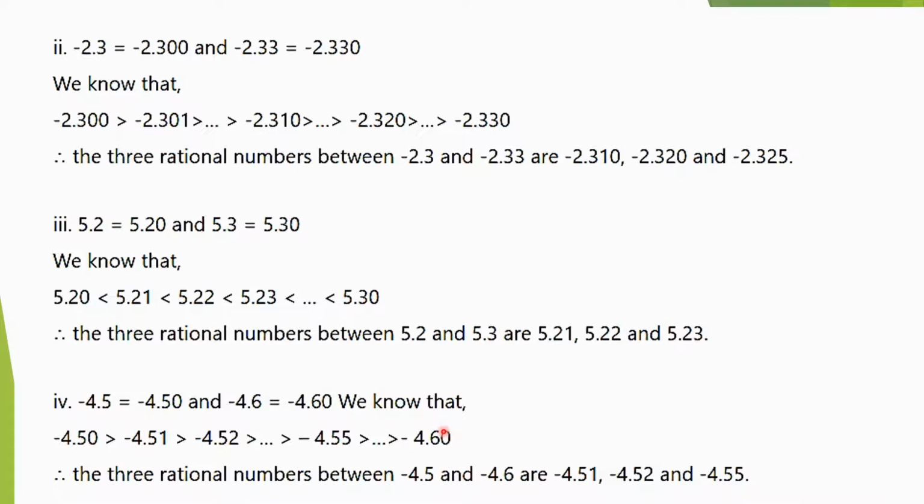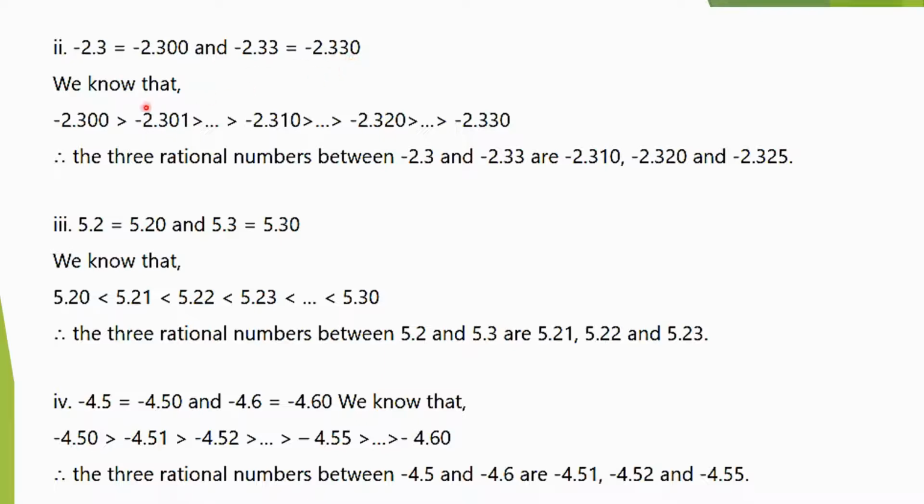Second question is minus 2.3 and minus 2.33. So minus 2.3 can be written as minus 2.300 and minus 2.33 can be written as minus 2.330.